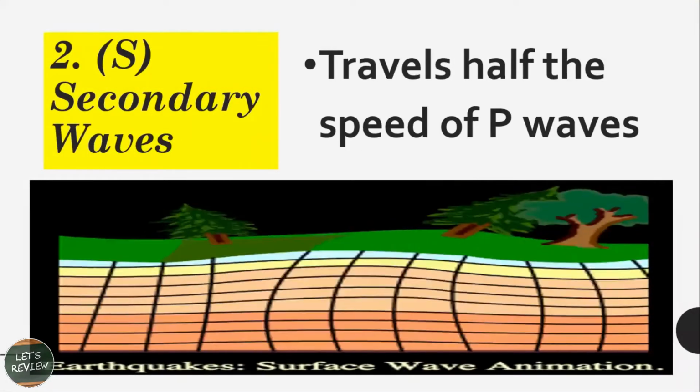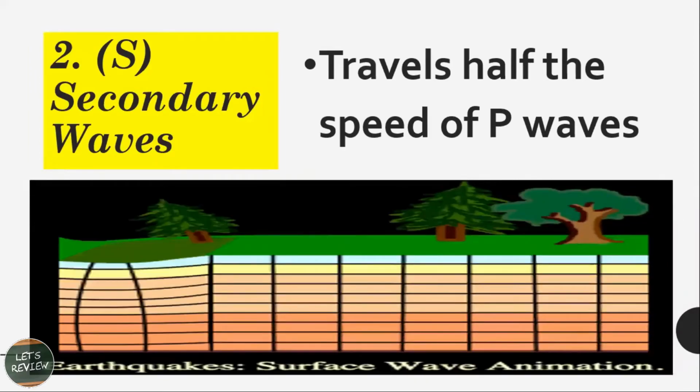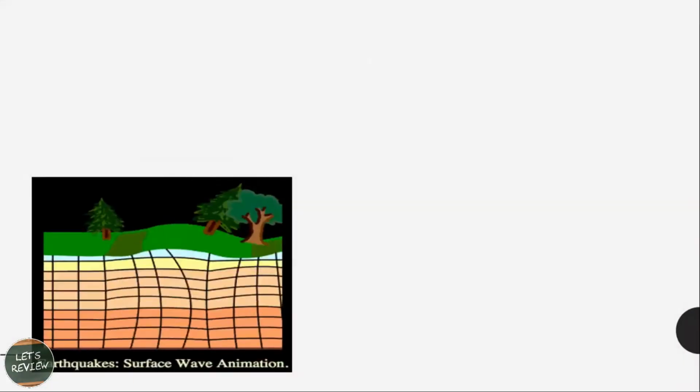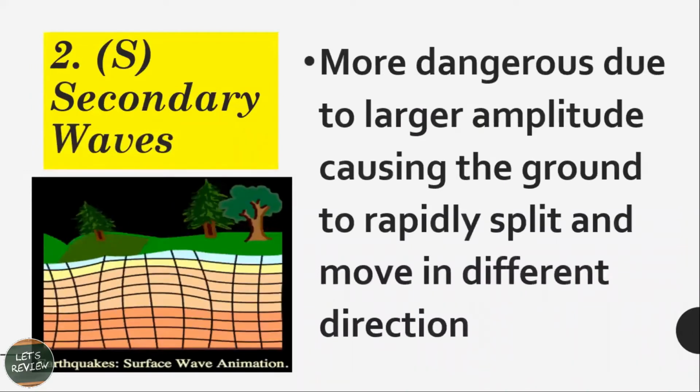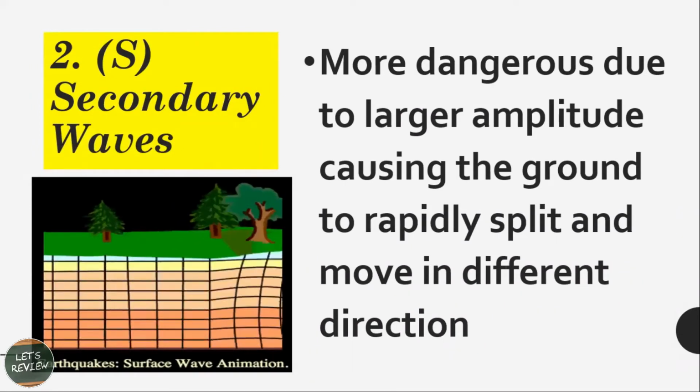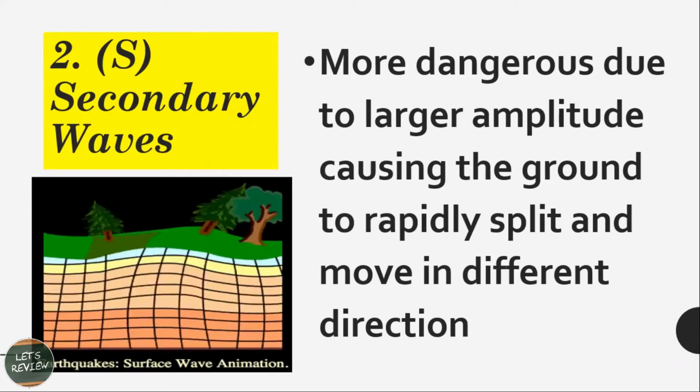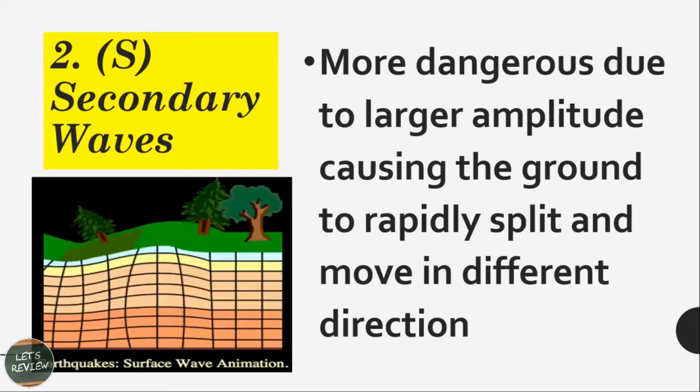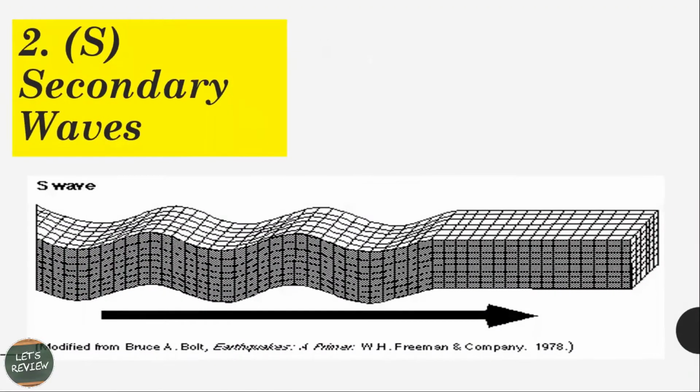It travels at half the speed of the P waves, but still it's fast. More, it is considerably dangerous due to its larger amplitude, causing the ground to rapidly split and move in different directions.